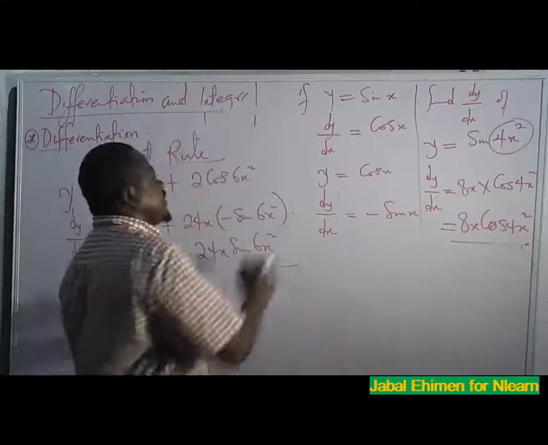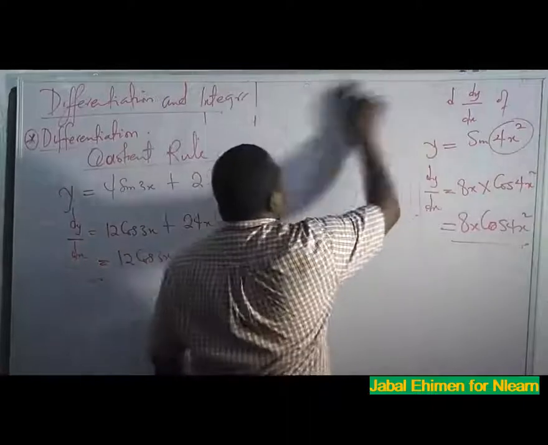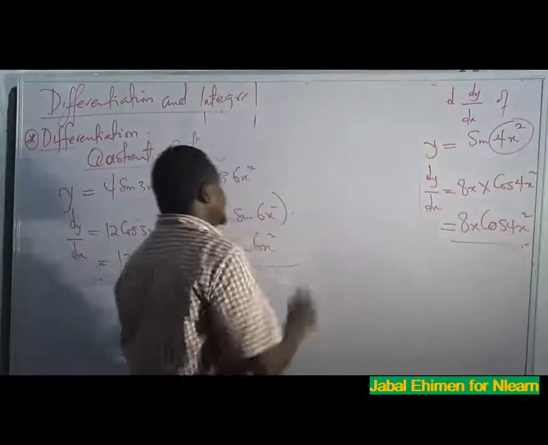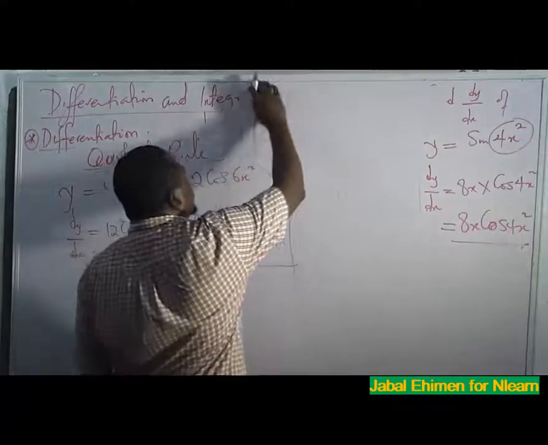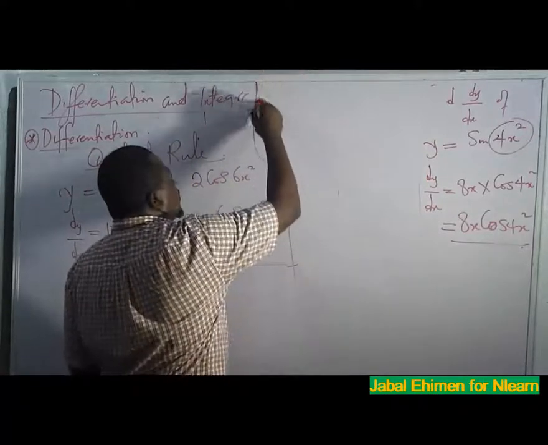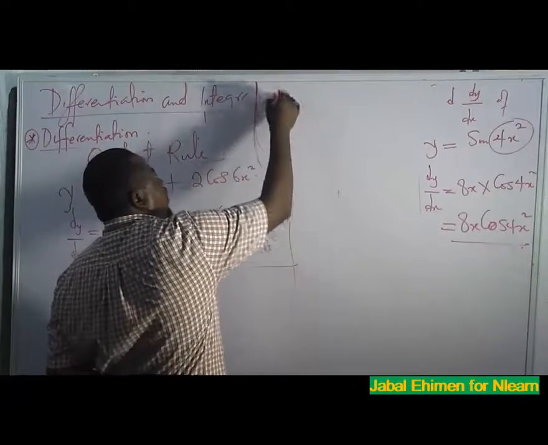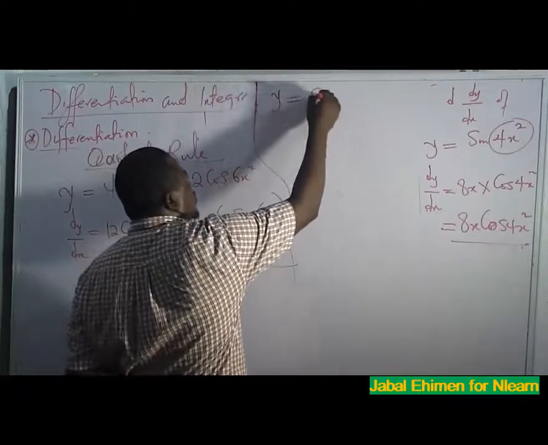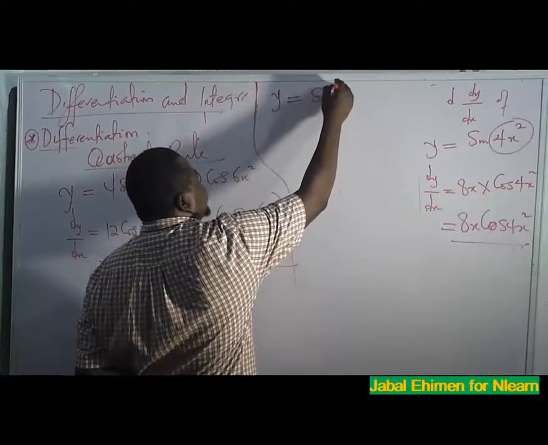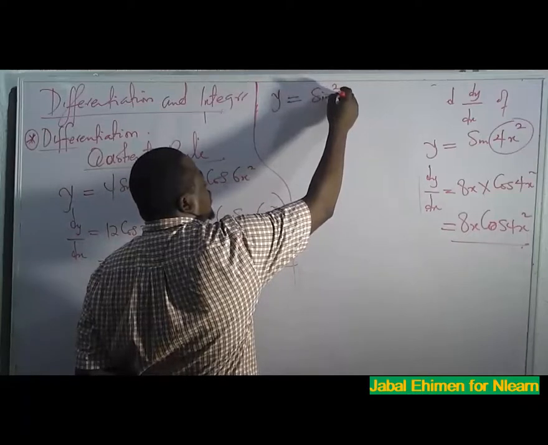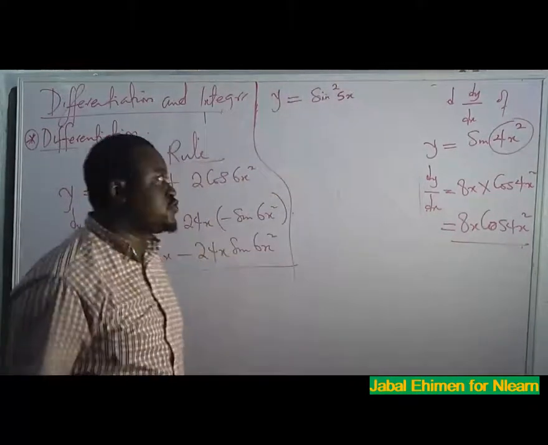So in that case, it's easy for you to say, y is equal to sine, maybe you have sine square 5x. If you have something like this, there's a square now.